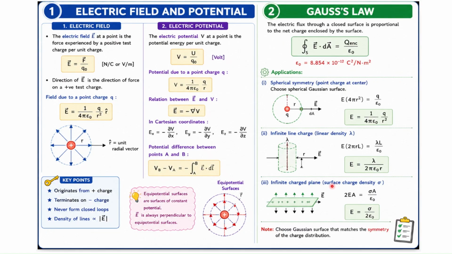And the last case, very quickly, is the case of infinite charged plane sheets, with a surface charge density. Here we can use a cylindrical or box-shaped Gaussian surface, because we are imagining a non-conducting sheet carrying a uniform surface charge density rho.